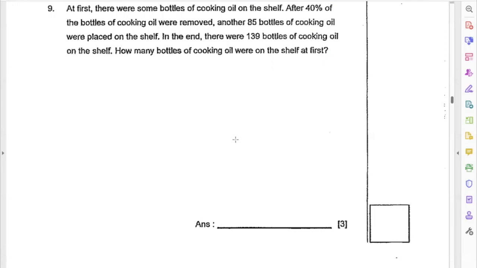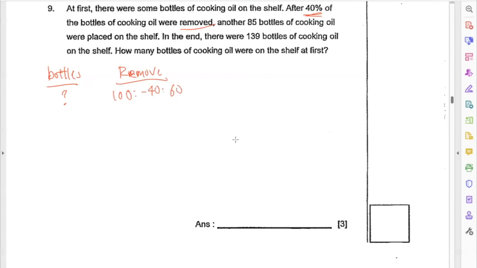So at first, the number of bottles, we do not know, so I put a question mark. Next, 40% were removed. So there's a change: remove. You can put any title as long as you understand. You must have started with 100%. You remove 40% and you're left with 60%.